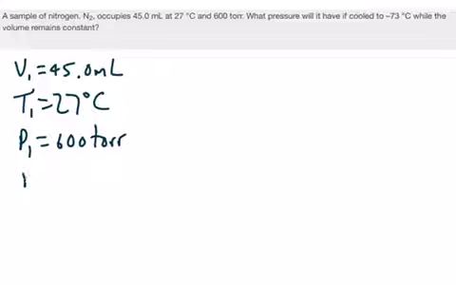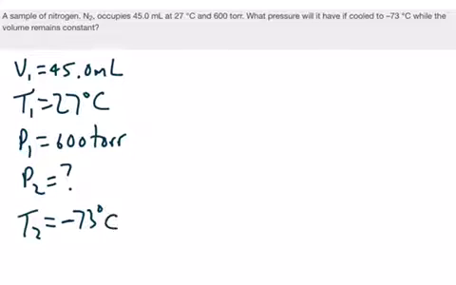They want to know what would be the pressure if we cool this gas to negative 73 degrees Celsius. But notice it says that the volume remains constant. So we're not going to use volume at all in this problem. If it's constant, that means that variable stays the same, so it's not part of the math.